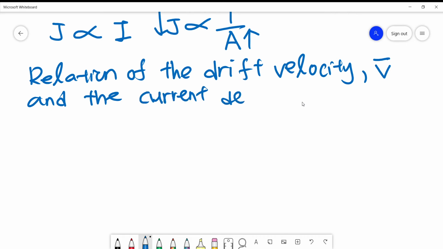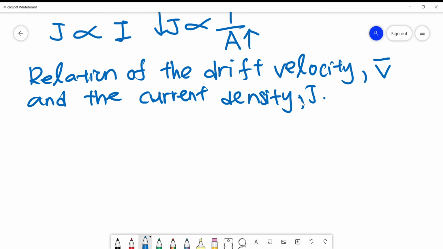What is the formula that shows the relation between the drift velocity and the current density? This is J, of course.